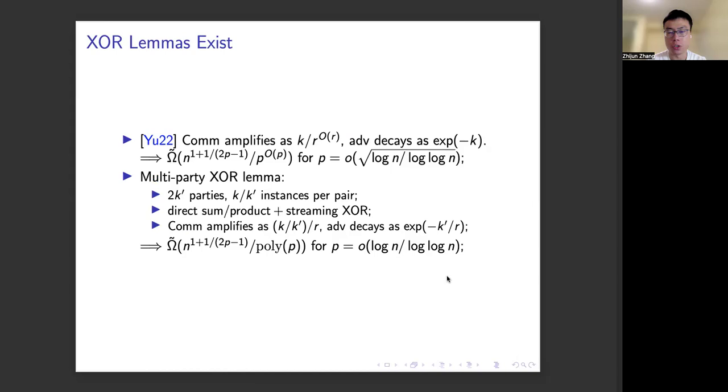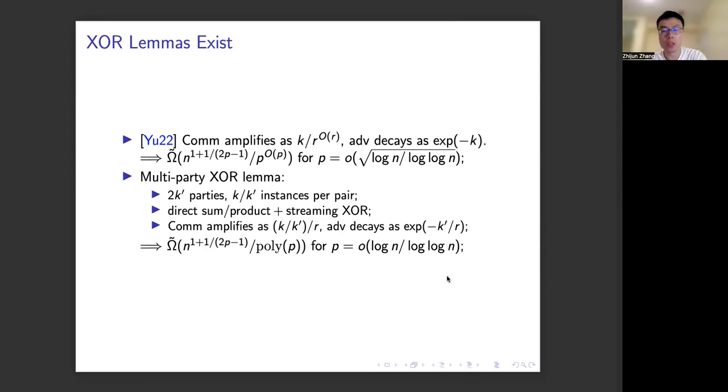You can also view this at a high level as a streaming XOR lemma on top of a direct sum argument for each pair of parties. This way, we're able to show an XOR lemma in which the computation increases by a factor of k over k prime divided by r, and the advantage decays exponentially in k prime over r.